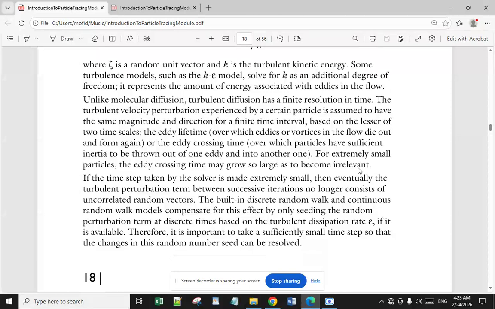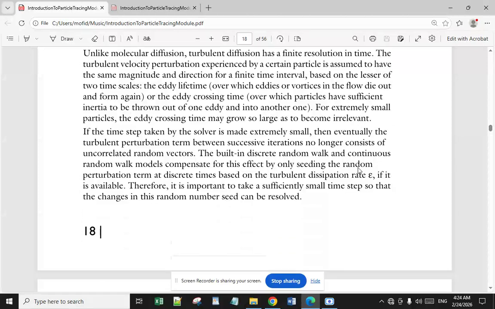This is based on the lesser of two time scales: the eddy lifetime, over which eddies or vortices in the fluid die out and form again, or the eddy crossing time, over which particles have sufficient inertia to be thrown out of one eddy and into another one. For extremely small particles, the eddy crossing time may grow so large as to become irrelevant.